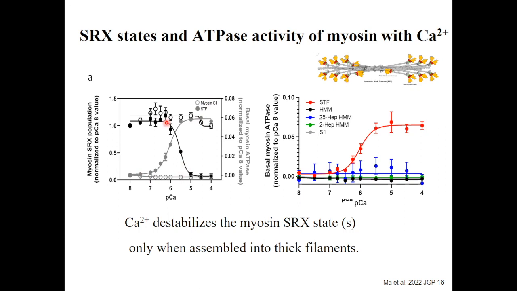And after we saw that, it seemed interesting. We looked at other systems with different lengths of the tails. S1 is only the motor domain, and we have 2 HEP HMM, which has a shorter tail, and 25 HEP HMM, which has a longer tail, and also the chymotrypsin-digested HMM.